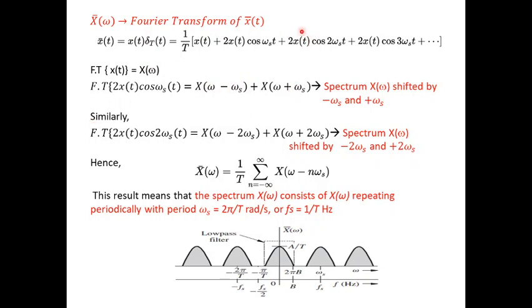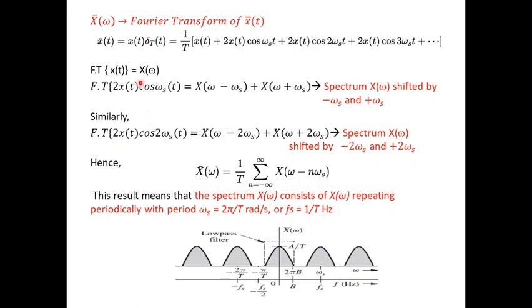Similarly, the third term, the Fourier transform of 2 x of t cos 2 omega s t, when found out, will give x of omega minus 2 omega s plus x of omega plus 2 omega s, which is nothing but the spectrum x of omega shifted by minus 2 omega s and plus 2 omega s. This goes on up to infinity.